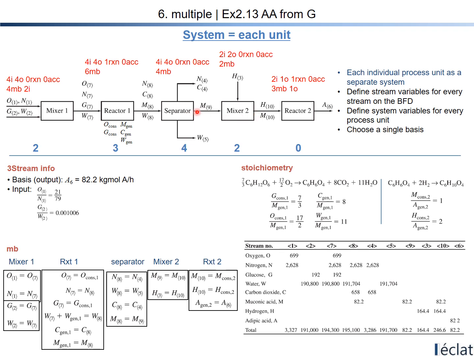Okay, then right now we know this value, and with this value you cannot solve the problems about the separator, because totally 8 and 4 mass balance plus one more additional information, then the degree of freedom is just 3. But however, from the previous slide, we have calculated the overall input and overall output.